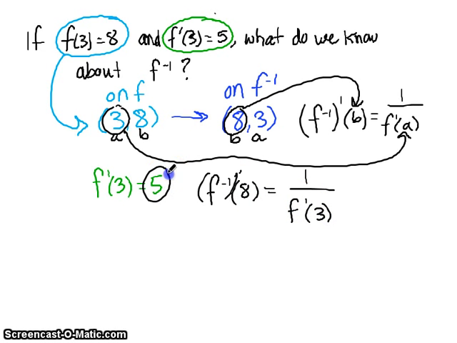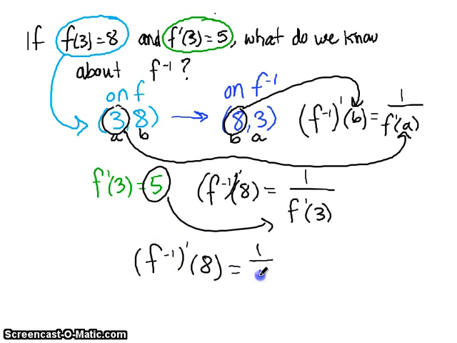We know f prime of 3 is 5, so f inverse prime of 8 is equal to 1/5. Now, AP is not really going to ask the question that way, but it's an interesting way to look at these. It's going to be useful for our other problems.